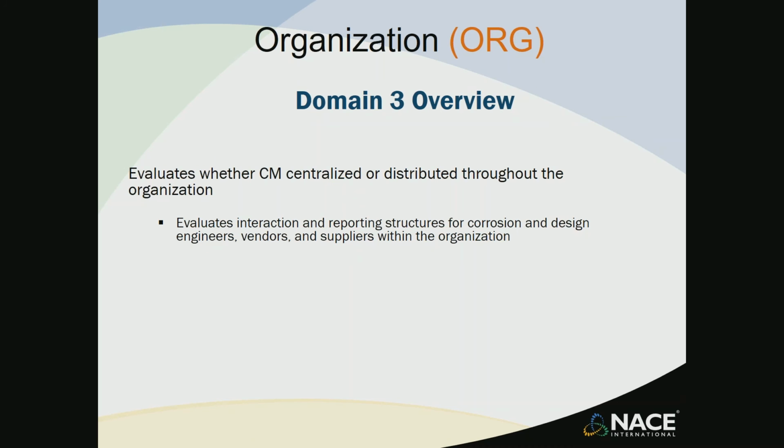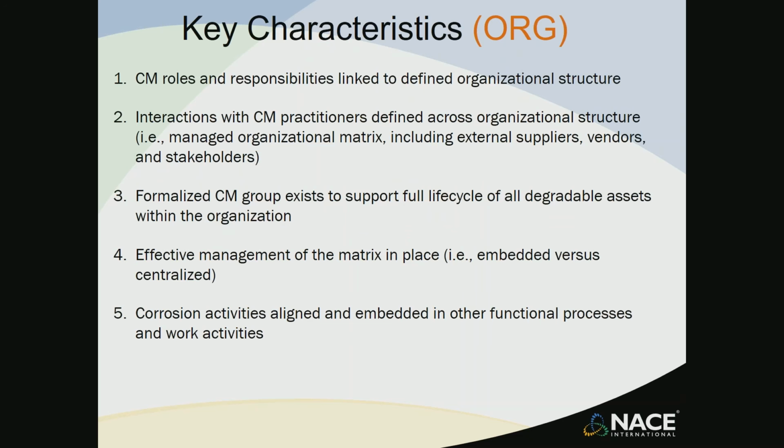Continuing on with that example, the key characteristics found under organization would be things like corrosion management roles and responsibilities are linked to a defined organizational structure. That means that within the organizational structure of the company, there are very clear and defined corrosion management roles and responsibilities.